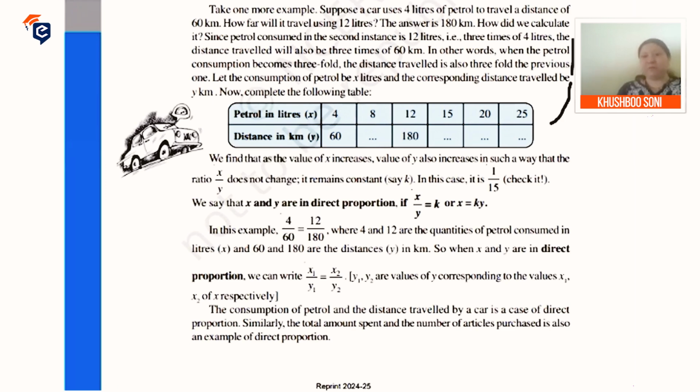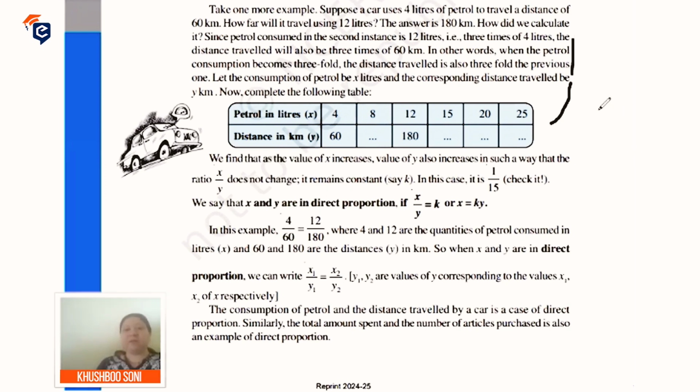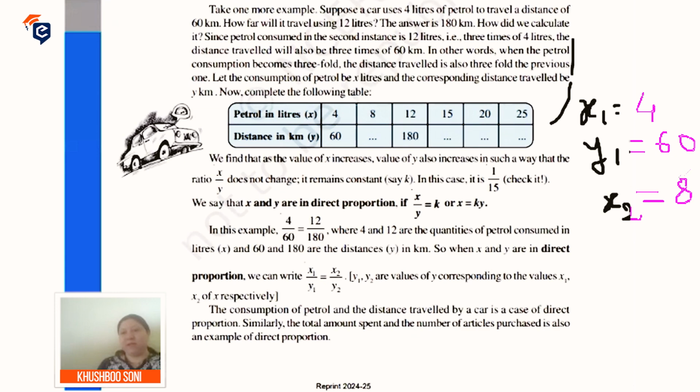Suppose we consider 4 as x1, so x1 equals 4 and y1 equals 60, and let's consider 8 as x2. This is 8, and the missing value is what we have to find.